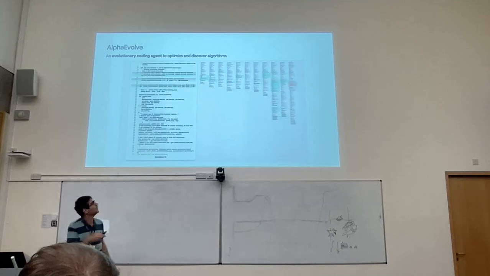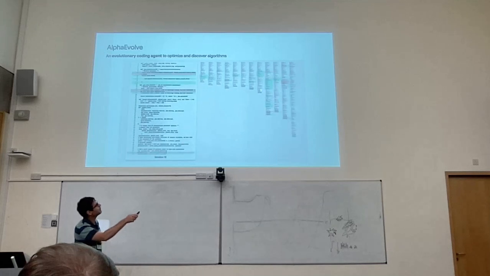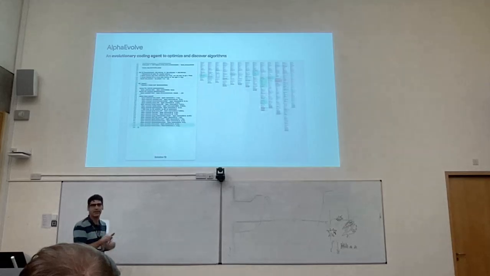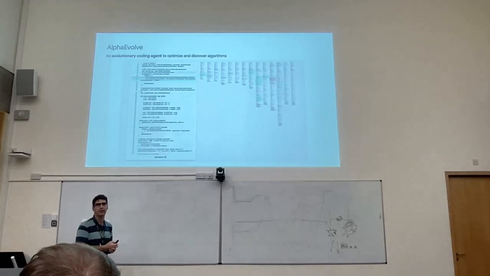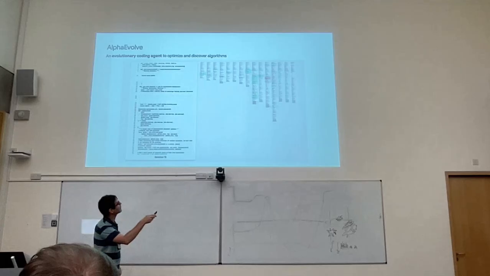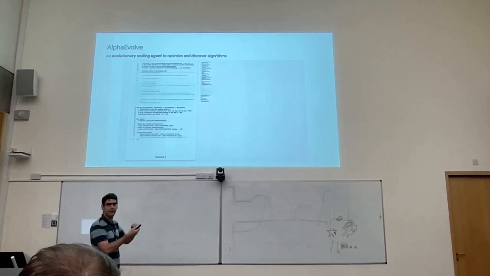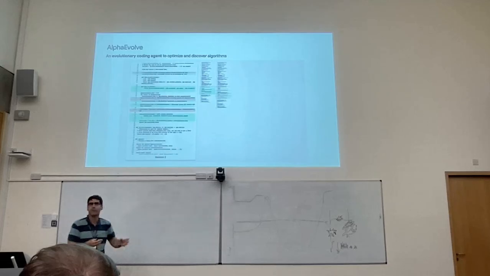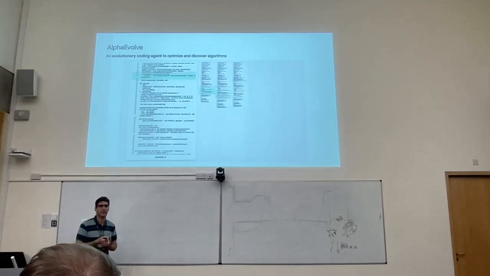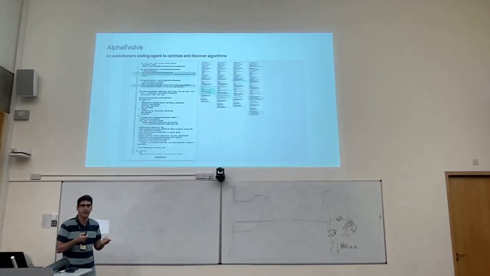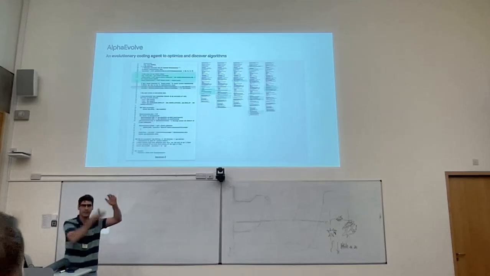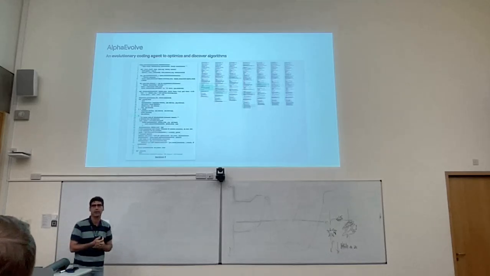For example, I don't know if you can see this one, but the green parts are new lines that have been added by the mutation, and the red ones are the lines that have been deleted. In this particular one, changes happen at the beginning, the middle, and at the end, in multiple places of the file. So essentially, it could do anything, from adding a single line to touching multiple places of the file.